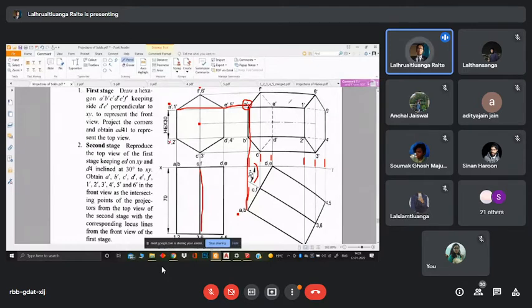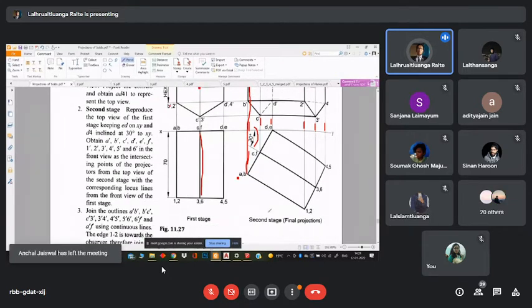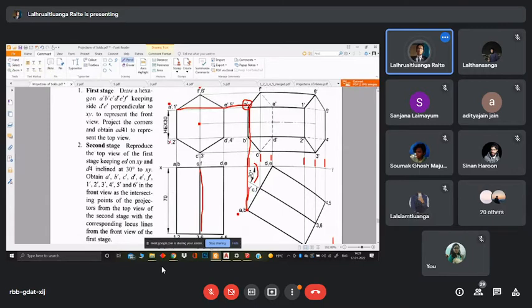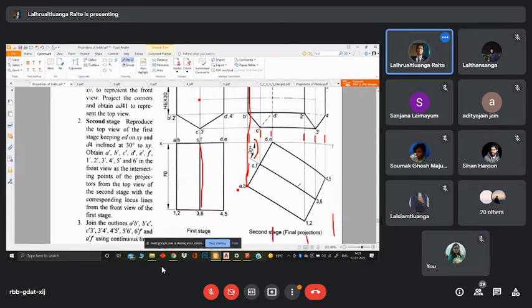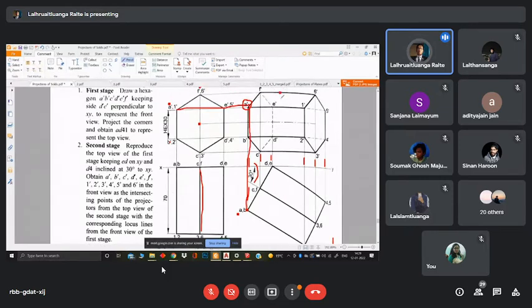And the visualization part, when it is tilted, we are going to visualize it like this. So when we look from the front, as this is a simple hexagonal prism, this part is going to have at least one visible point. And as this is the top, the top part is also going to be there. So this is the top part, and this line is going to correspond to both these lines.